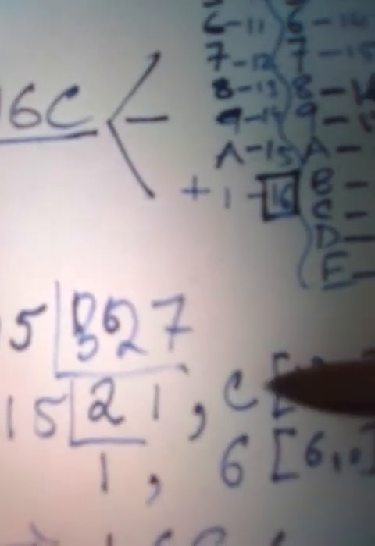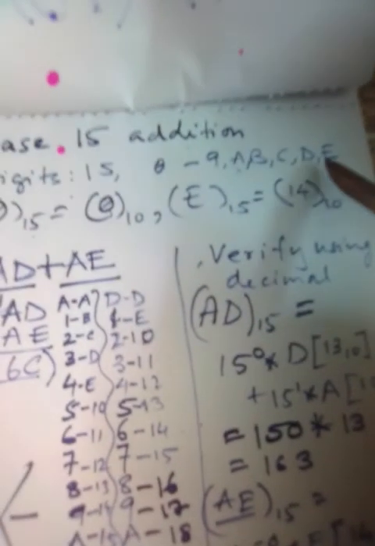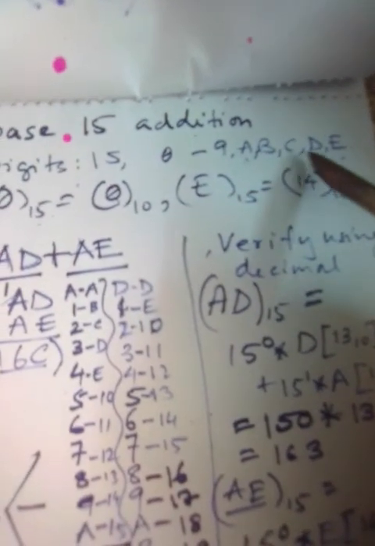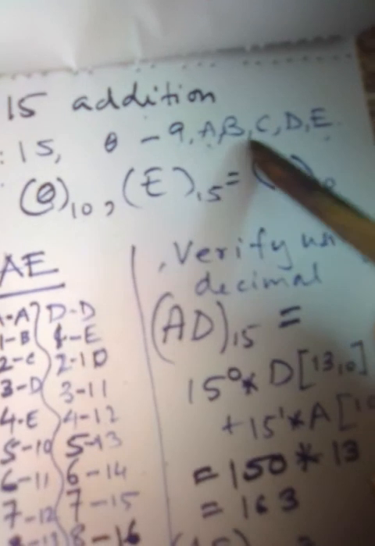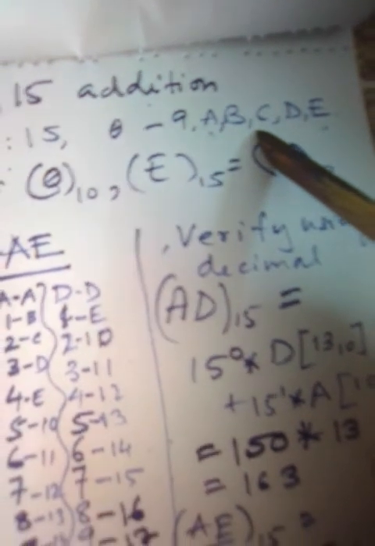So 327 divided by 15 is 21 and the remainder is 12. 12 is actually C, as you can see here: 14, 13, 12. From this side 9, then 10, 11, 12. So C is 12, so here the remainder is 12, and that becomes C.